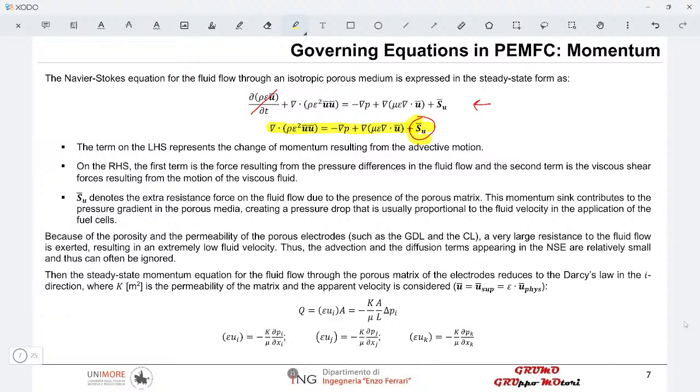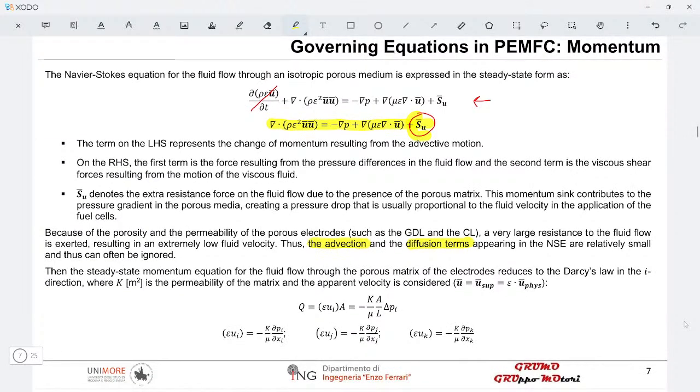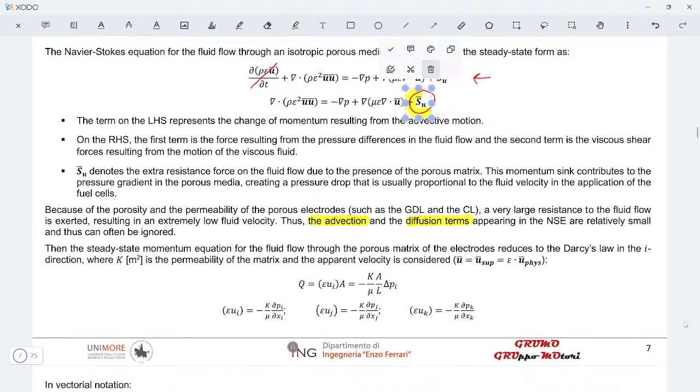So we can assume that apart from the steady state assumption that has been already introduced, we also have the much reduced relevance of the advection and the diffusion term. So basically, the only surviving terms here are pressure gradient and source term. Okay.